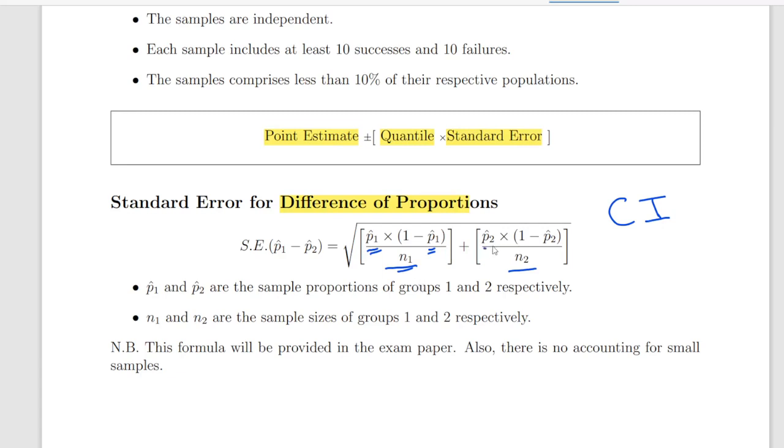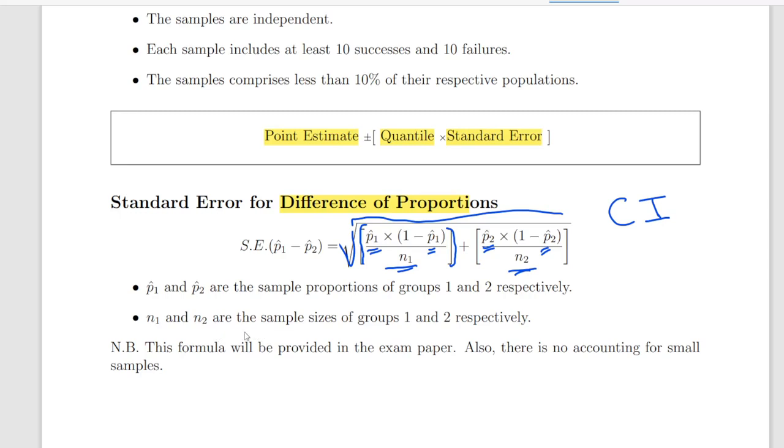And likewise, the sample proportion for the second group times the complement of that divided by the sample size of the second group. So we have both of these expressions here. What we do is calculate both of these expressions, add them together, and then get the square root. Okay? So p hat 1 and p hat 2 are the sample proportions of group 1 and group 2 respectively. n1 and n2 are the sample sizes of groups 1 and 2 respectively.